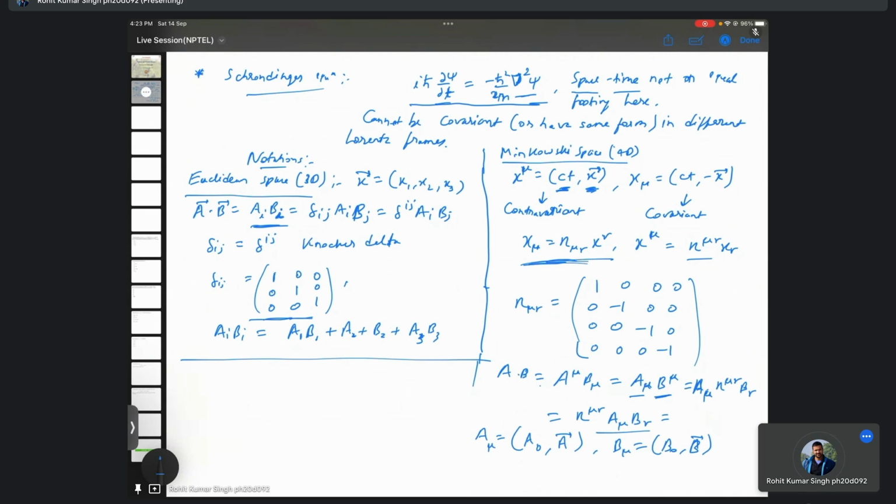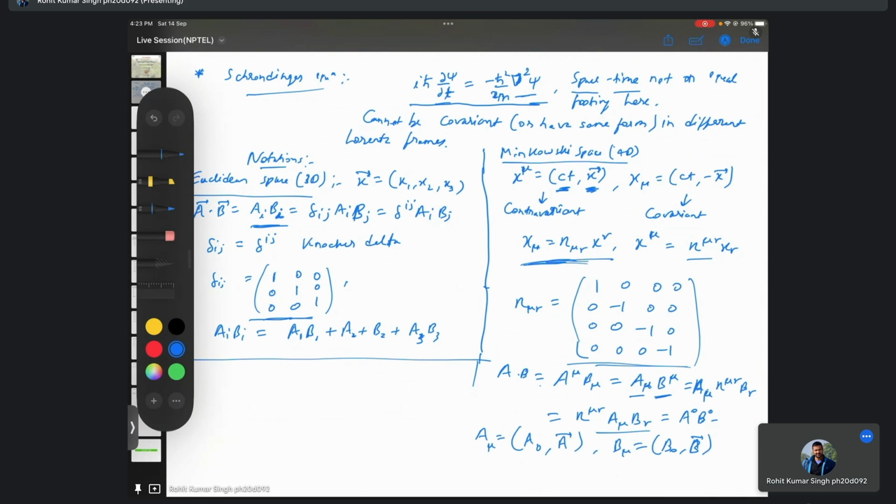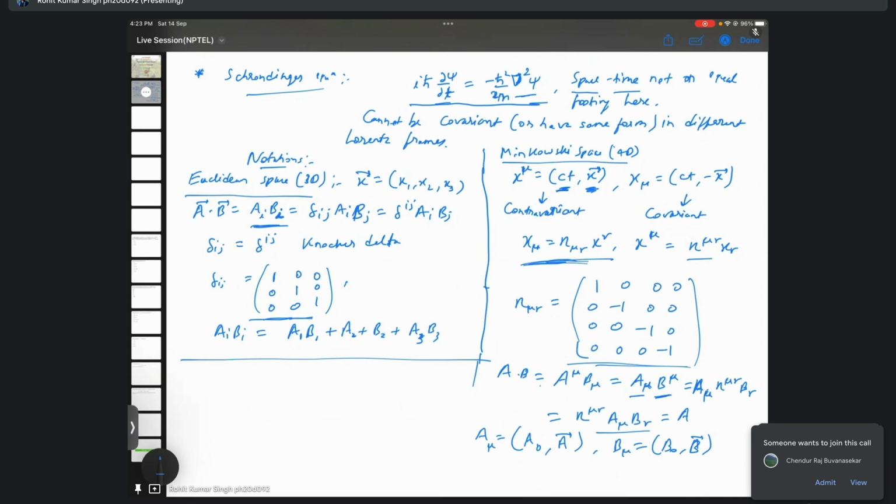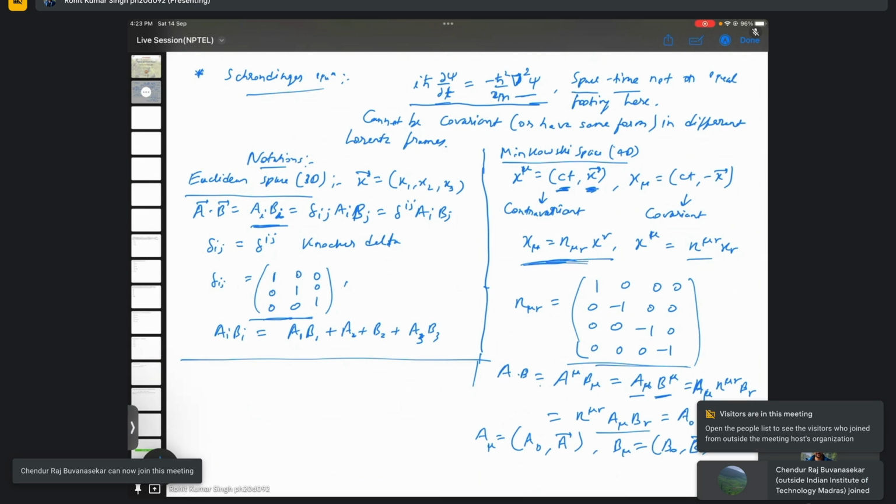Then this will give you what? Using this expression for the metric tensor, you will get this value.